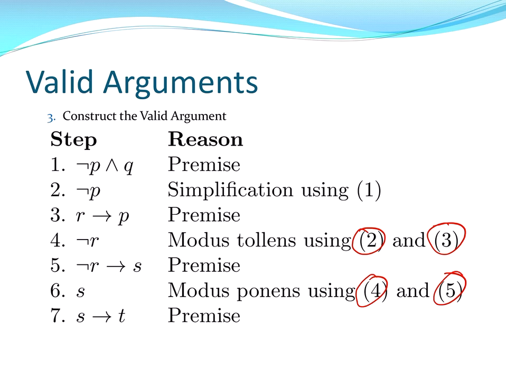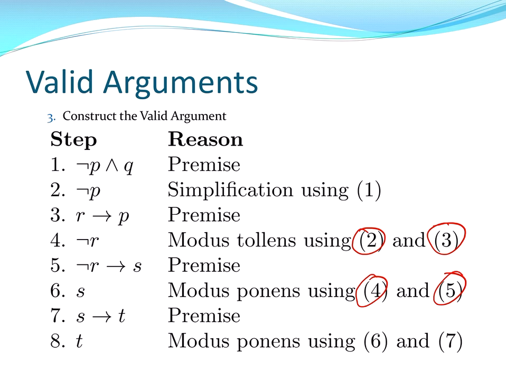S implies T. Since I have concluded that S is true using the rules of inference from above, I combine that with my premise that S implies T to conclude by modus ponens that T is true. And that was what we wanted to show. We've successfully done so using the rules of inference.